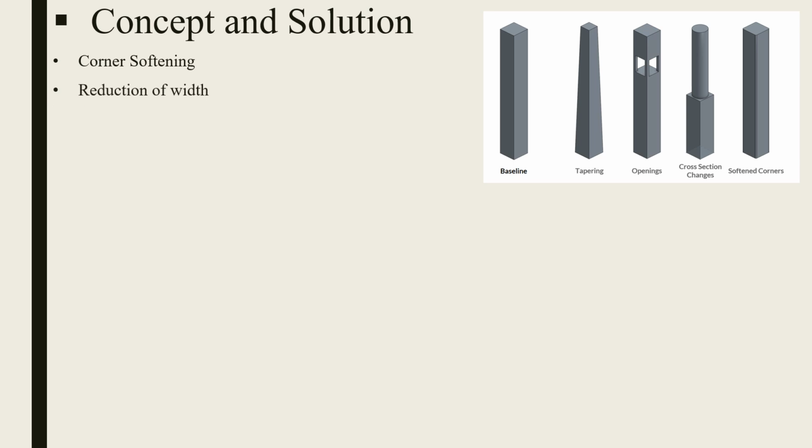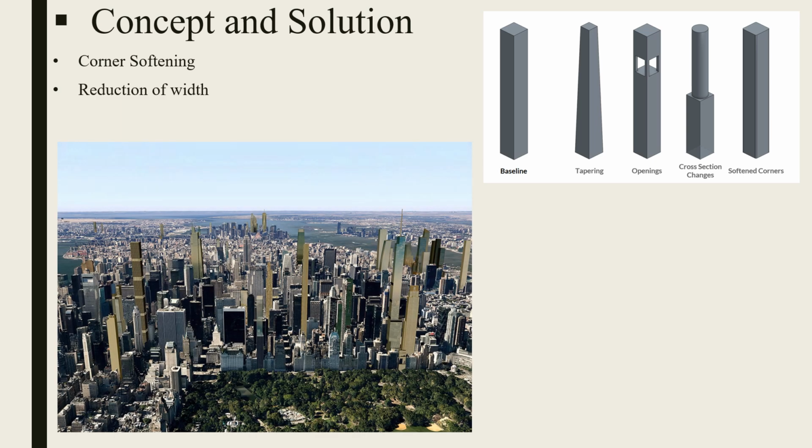There is another way. Next is the reduction of width. Most of the time, this is a very simple approach, and it is very common when building a skyscraper. As you can see in Manhattan, New York, most buildings are very wide at the bottom, and as they go to the top, they narrow the width down to an antenna.